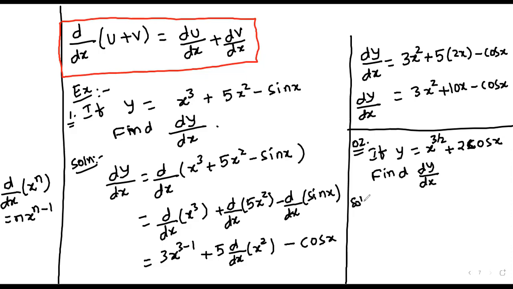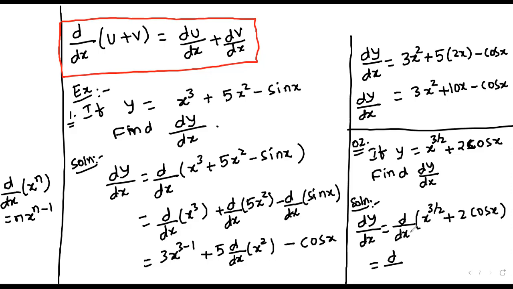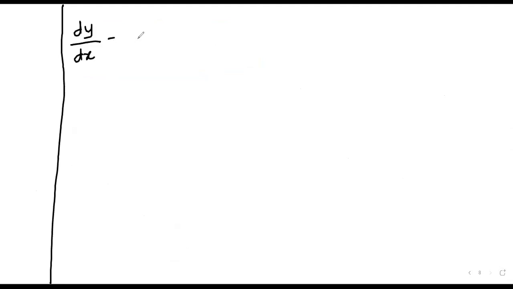Solution: dy by dx equals d by dx of x power 3 by 2 plus 2 cos x. That is nothing but applying differentiation separately. dy by dx equals d by dx of x power 3 by 2 plus d by dx of 2 cos x.